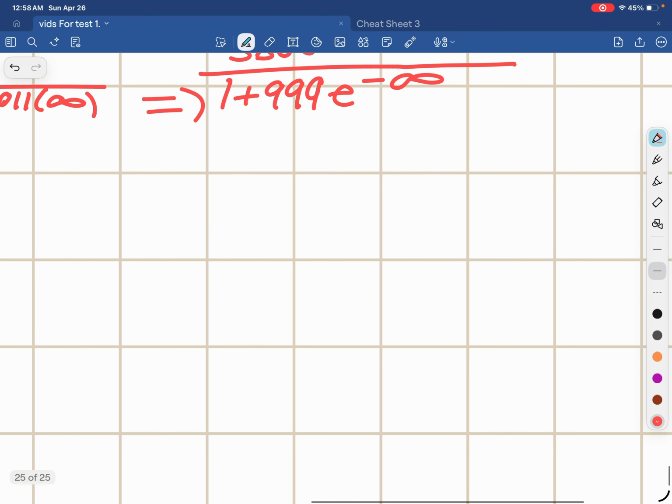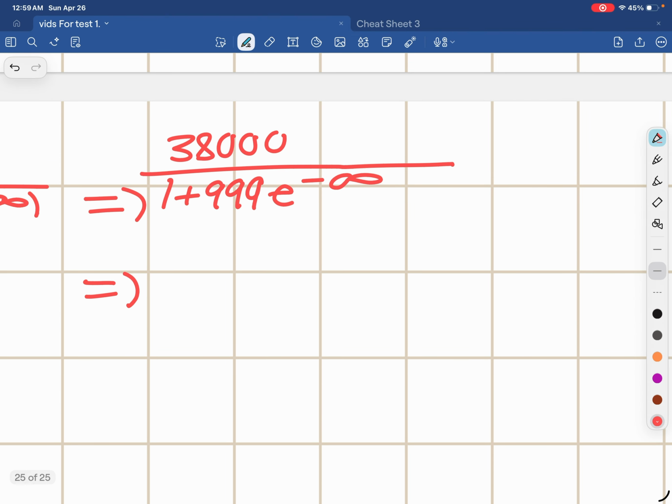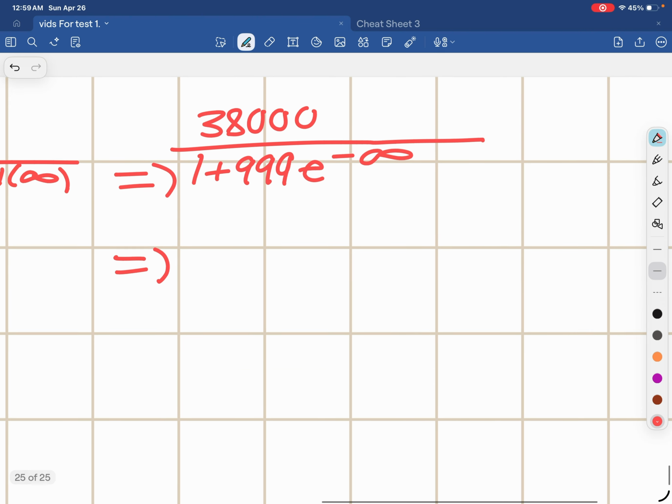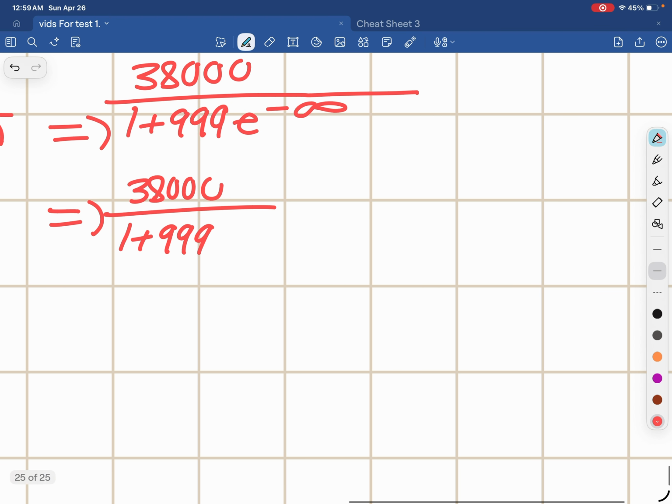And then again, we'll bring it down here. Now what do we do at this point? So e raised to a negative value, we really don't like that, so we'll flop it here. So we'll have 38,000 over 1 plus 999 over 1 over e to positive infinity.